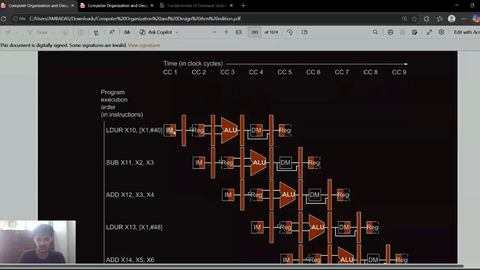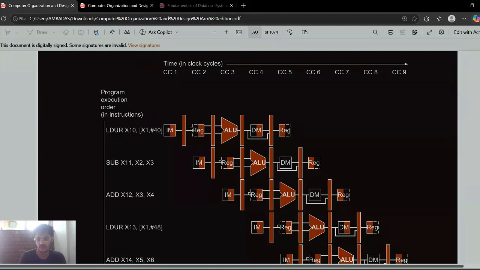This is instruction memory. This is data memory. This is the register. There are two register blocks because in one we are reading the registers, the data from the instruction memory, and in the other we are gonna perform write operations, as explained in the previous videos.